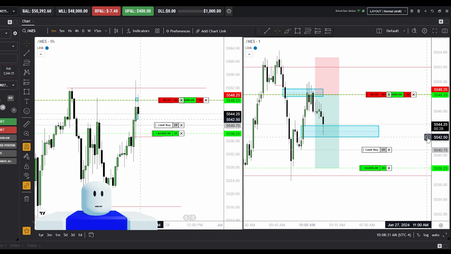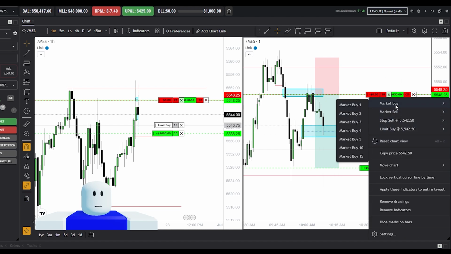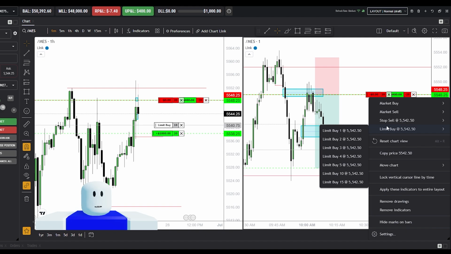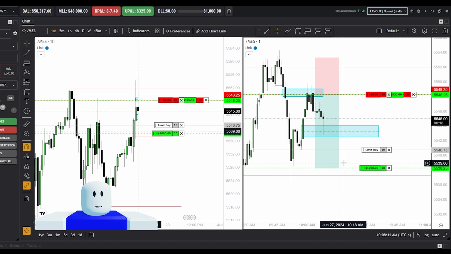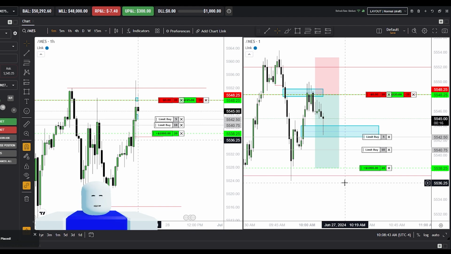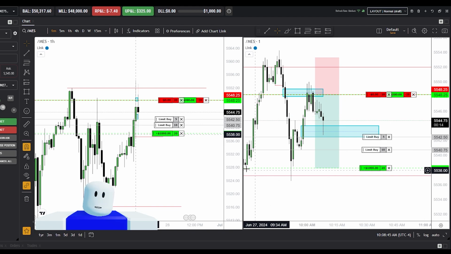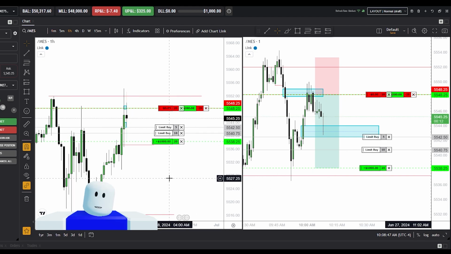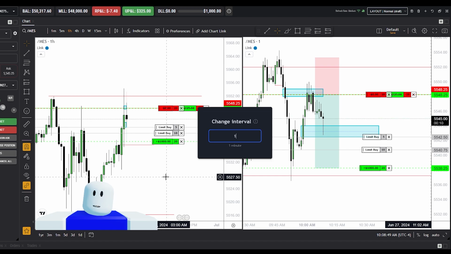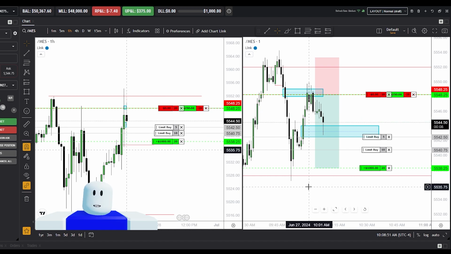I can actually put another limit buy on this. Get a limit buy. I'll show 5 on the edge of that fair value gap. Looks like it's going to respect it though. So it looks like I'll probably get stopped out on this trade, which is completely fine.